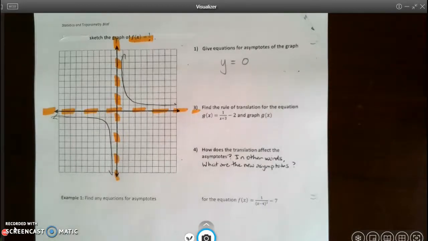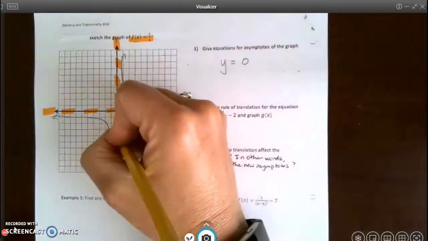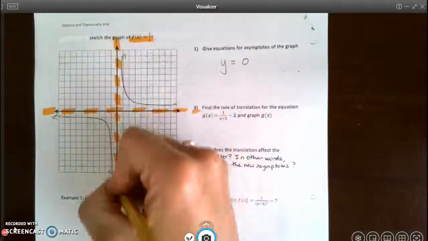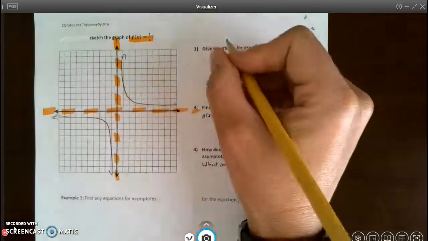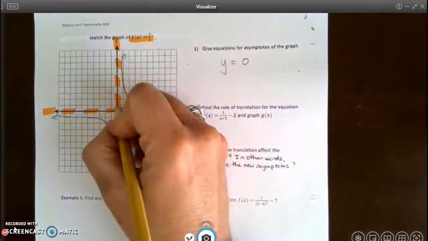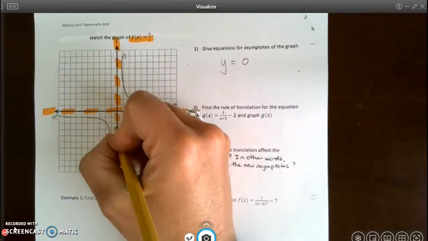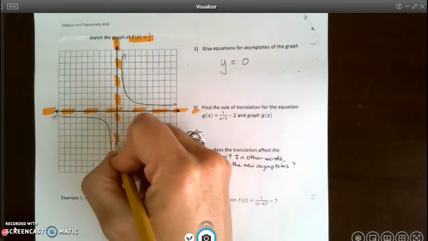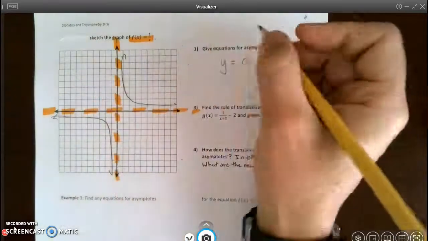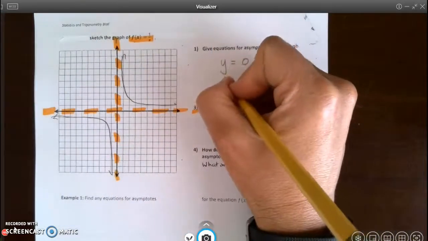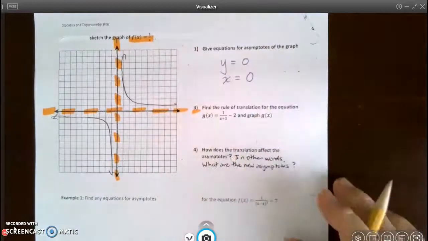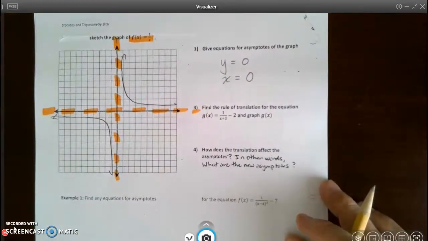Then we have this vertical asymptote, and the thing that every ordered pair on the vertical asymptote has in common is that its x-coordinate is 0. This is 0, 1. This is 0, -3, 0, -5, and 0, 10. So x equals 0 is the other asymptote for this parent function.